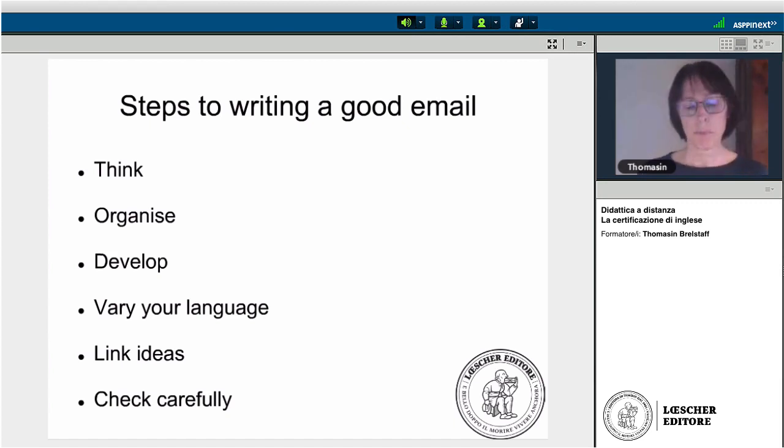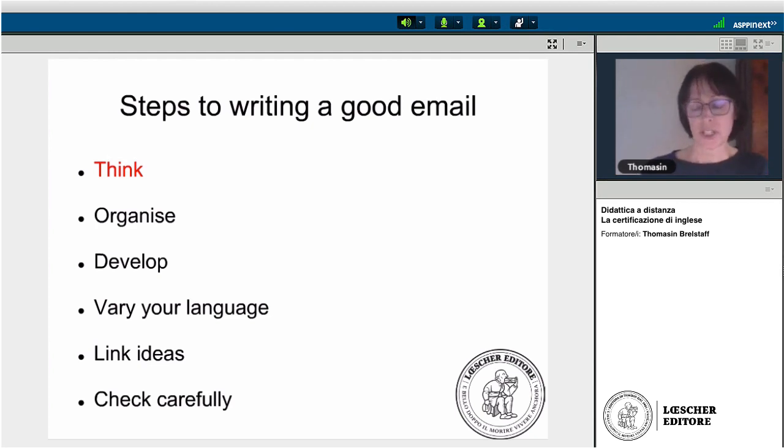These steps apply to generic tasks and to the Cambridge Preliminary task. So I think they can be useful in helping students, even at all levels, at least within the B1 spectrum. It helps them to avoid making errors and helps them to maximize their marks. So let's have a look at the first point, which is think.